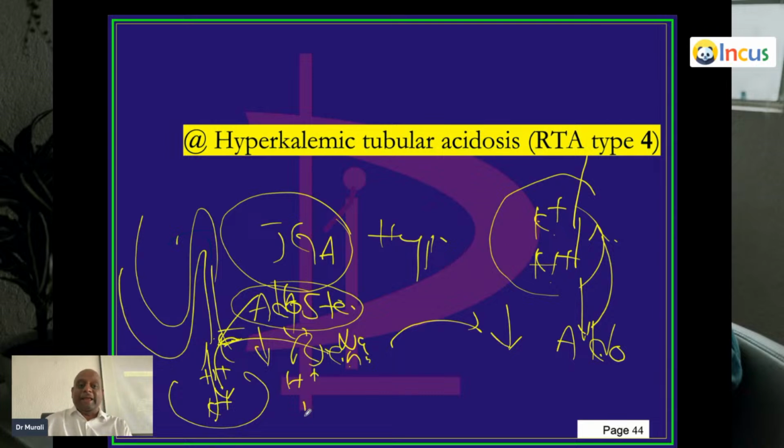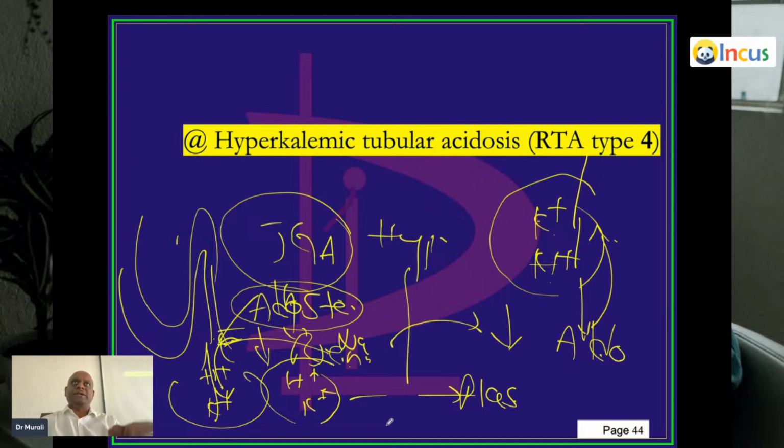Then H plus and K plus will remain in plasma, not urine. That's the reason there is acidosis: H plus retention leads to acidosis, and K plus retention leads to hyperkalemia.